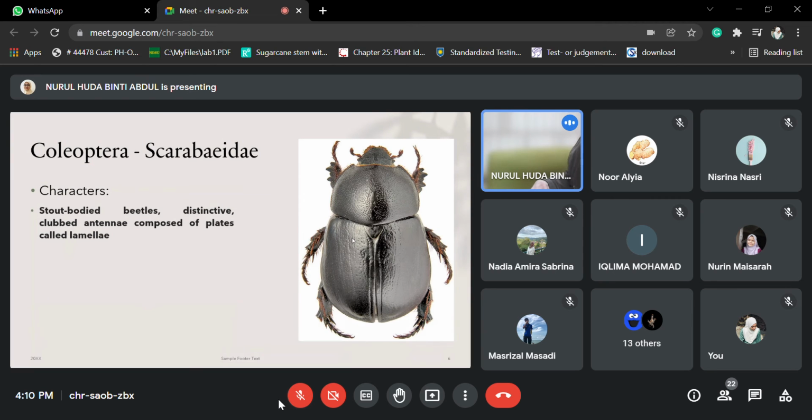Other things you can try? Elytra following. Elytra, what? Following. Meaning they have elytra. Of course, all beetles have elytra. Yes, you can say it if you compare with other orders.